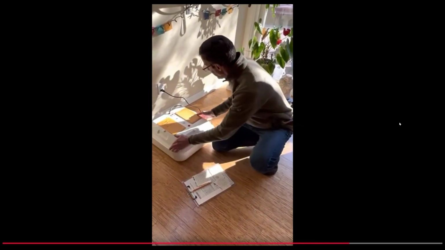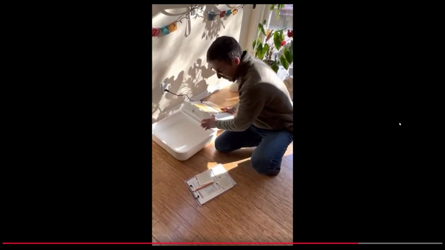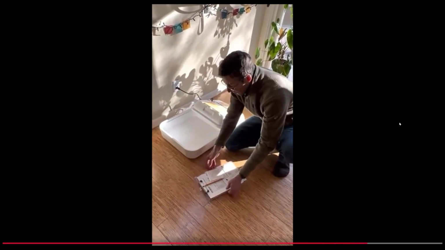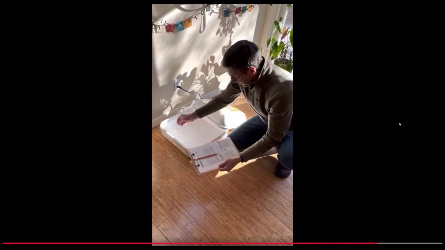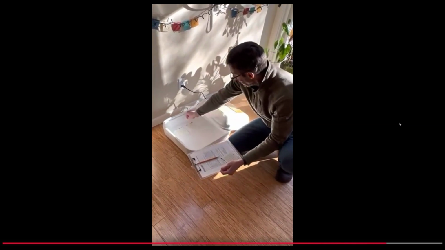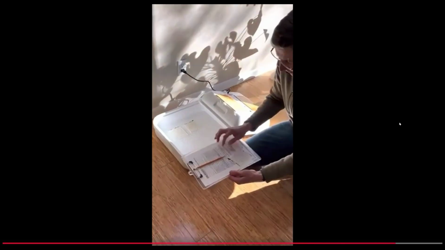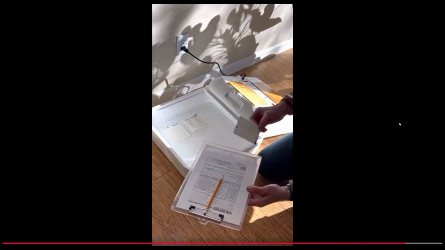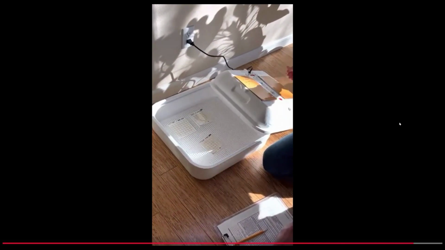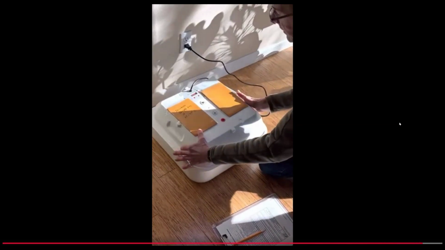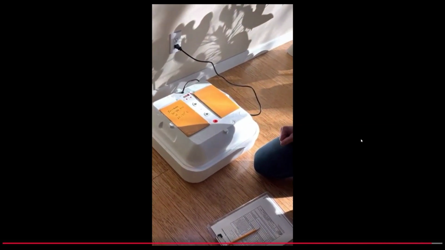So all I have to do is open up my incubator, place the cards in the incubator, and then come back and check on them in 24 hours.